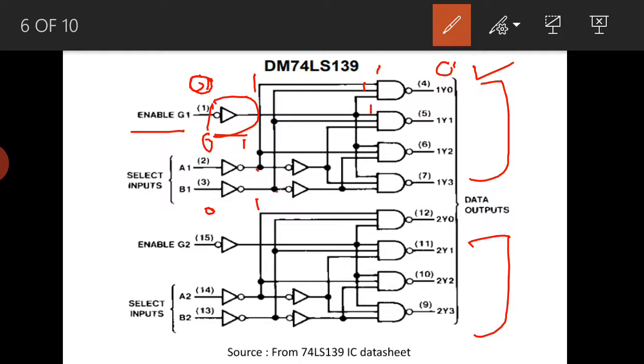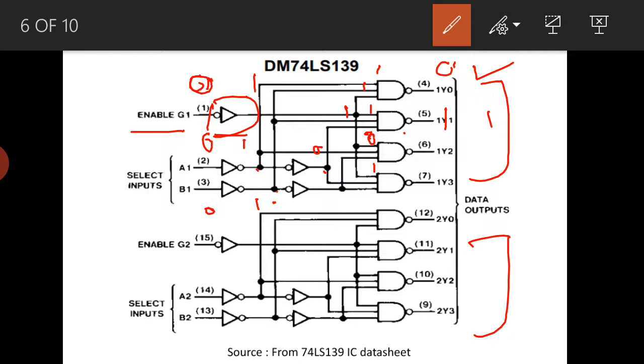Let us take inputs 0 0. So what is the second gate? Enable is connected to all the gates, so it will be 1 on the first pin. Then for the second gate, B1 is connected with an inverter, again that is 1. But the third input of the second gate is A1. It is 0, and with the inverted bubble it becomes 1, so the inputs are 1 1 0, which means the output at pin 5 is 1.